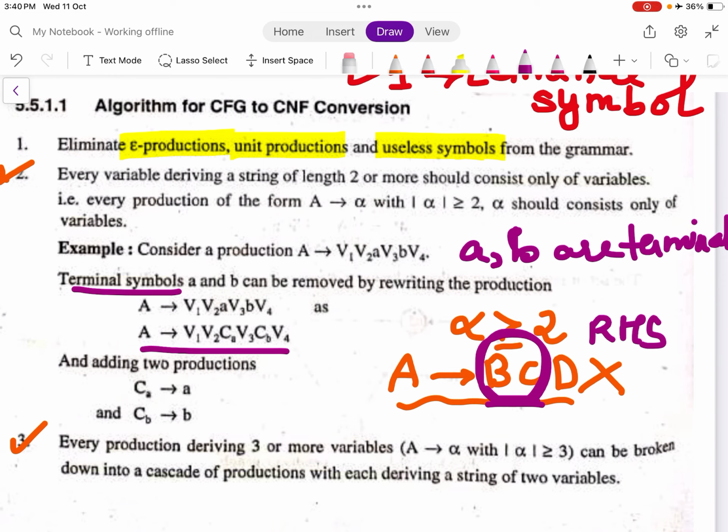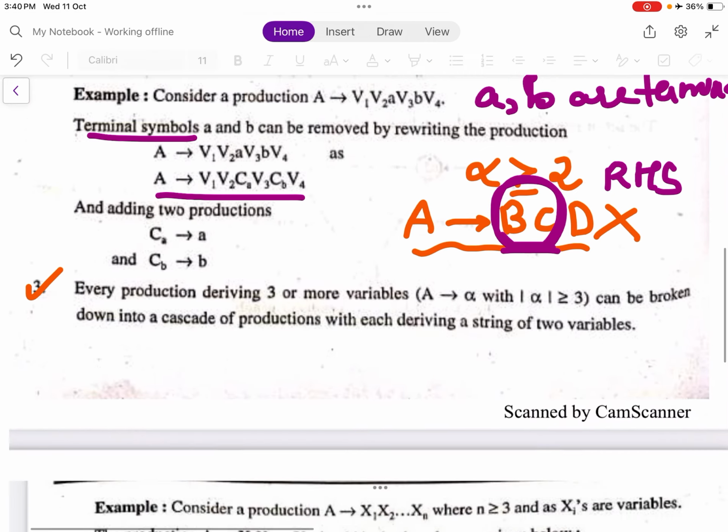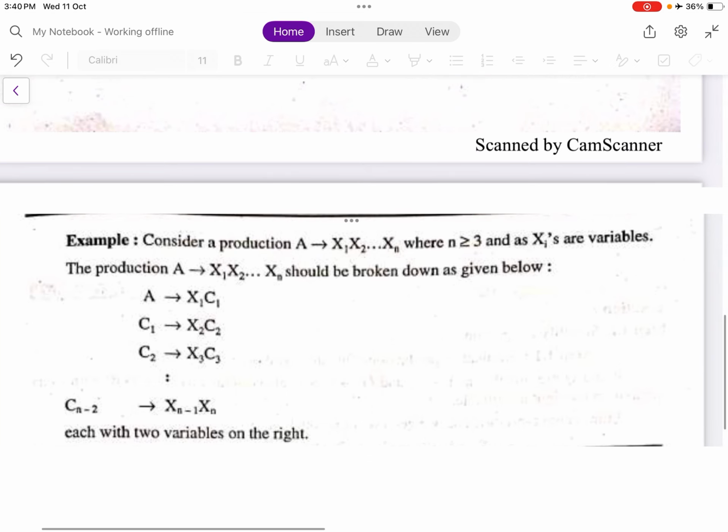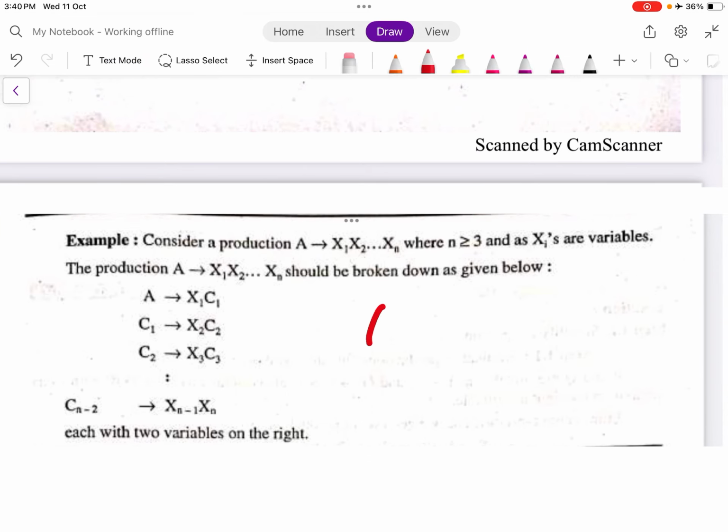Next step, every production deriving three or more variables can be broken down into a cascade of productions with each deriving a string of two variables. So whenever you have A giving you a cascade of symbols, that is x1, x2 till xn, we want only two.